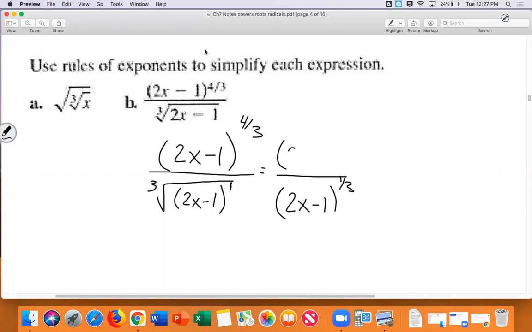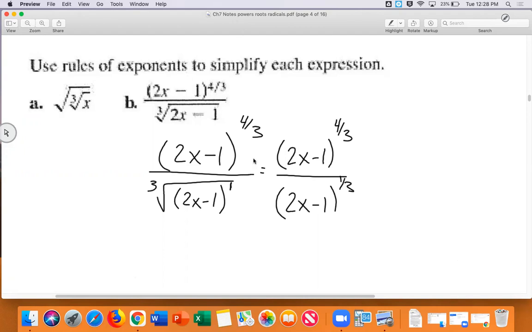All right, so now we have 2x minus 1 to the 4/3 that was on top. And now what do I do with those exponents? Let's go to Laura. Nikki Grantland says subtract 4/3 over 1/3.